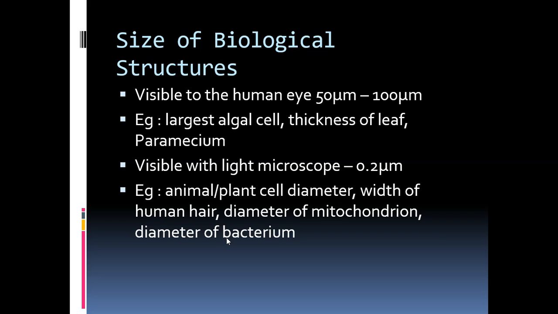So the smallest structures such as algal cells, the thickness of a leaf, or paramecium are still objects that can be seen by the eyes without any visual aid, such as a microscope.